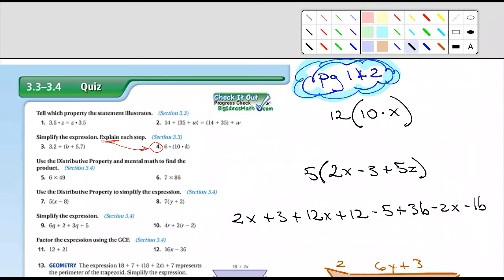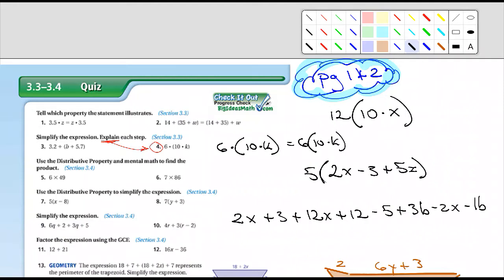Notice for number 4 they've got 6 times, and then in parentheses 10 times k. Another way you could have written that would have been 6 and then just next to the parentheses 10 times k, and you would do those the same way.